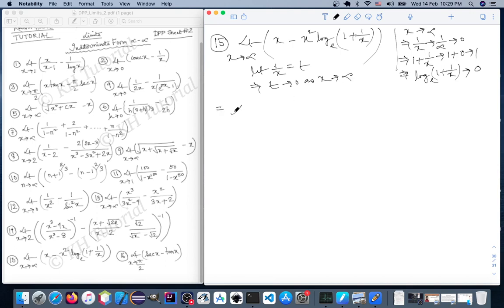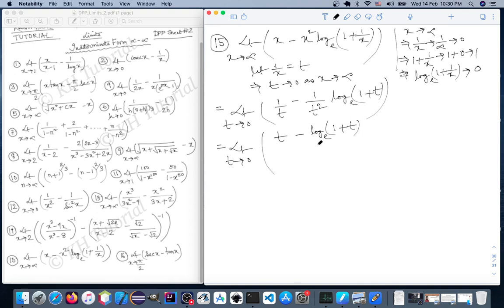So the limit becomes limit t tending to 0, 1 by t minus 1 by t square log 1 plus t. If we simplify it further, we get t minus log of 1 plus t by t square.